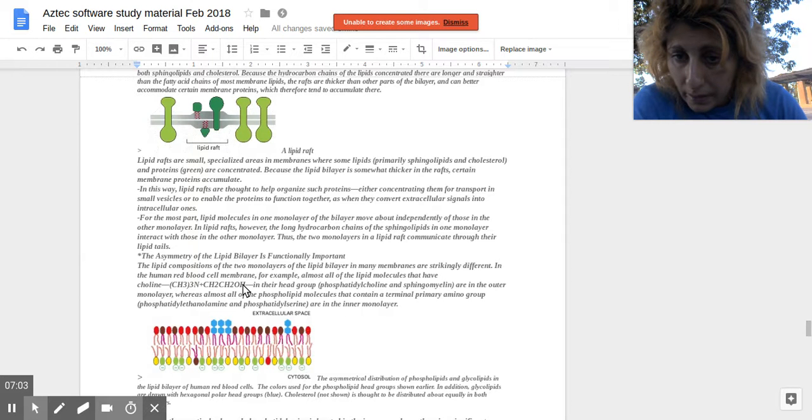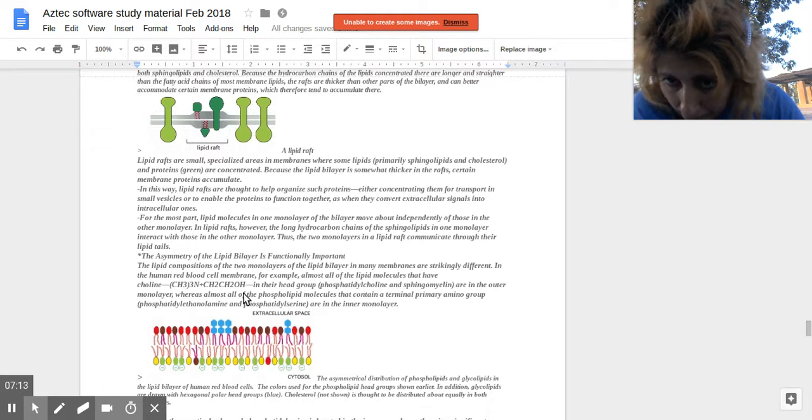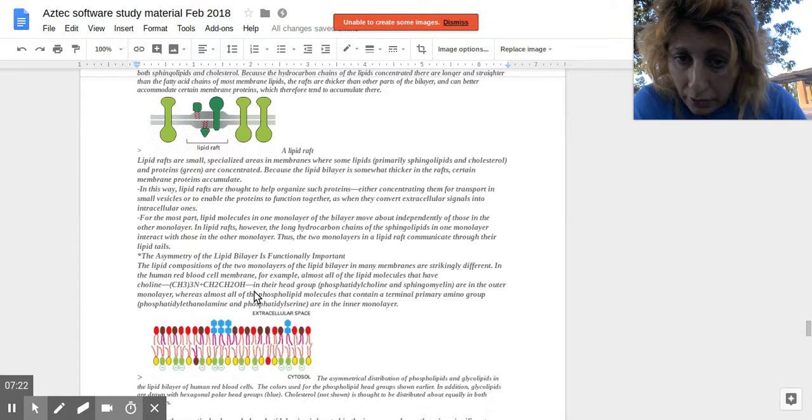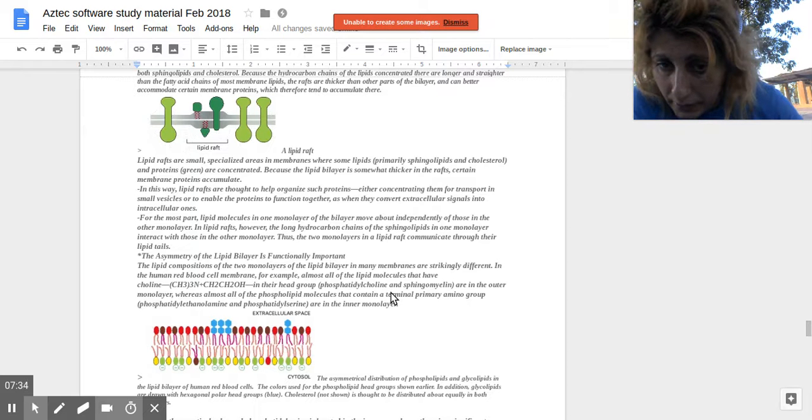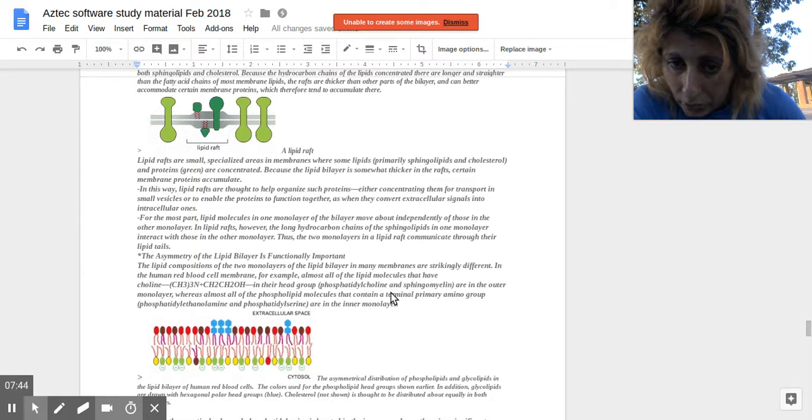In the red blood cell membrane, for example, almost all of the lipid molecules that have choline, with the formula (CH3)3N+CH2CH2OH, in their head group, phosphatidylcholine and sphingomyelin, are in the outer monolayer, whereas almost all of the phospholipid molecules that contain a terminal primary amino group, phosphatidylethanolamine and phosphatidylserine, are in the inner monolayer of the membrane.